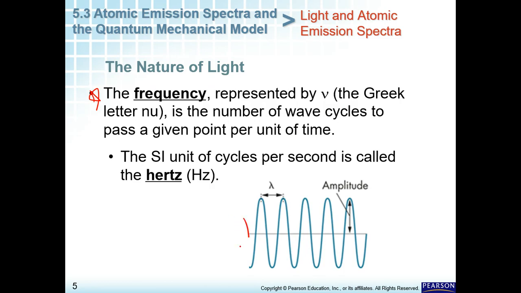So if you say this was 1 second, and then you said right here marks 2 seconds, how many wave cycles did I see? So 1, 2, 3, 4, 5 wave cycles were given. The unit for frequency is going to be hertz, which can be written as 1 per second. So hertz or 1 per second.